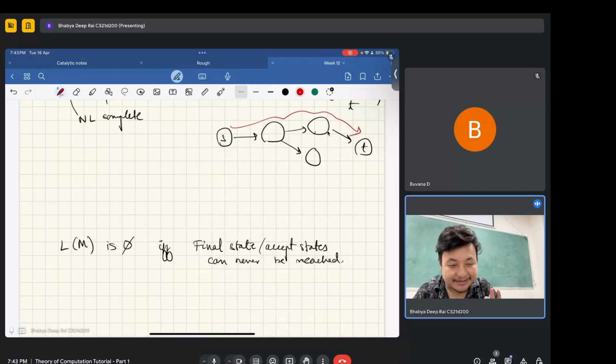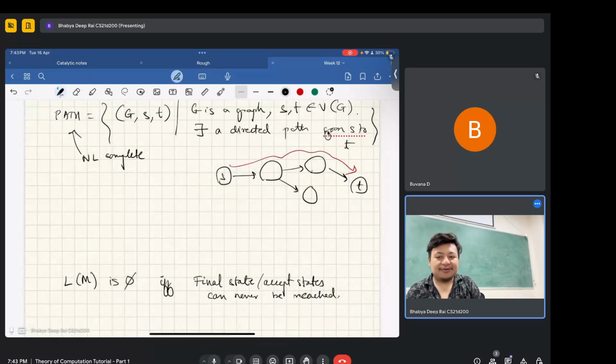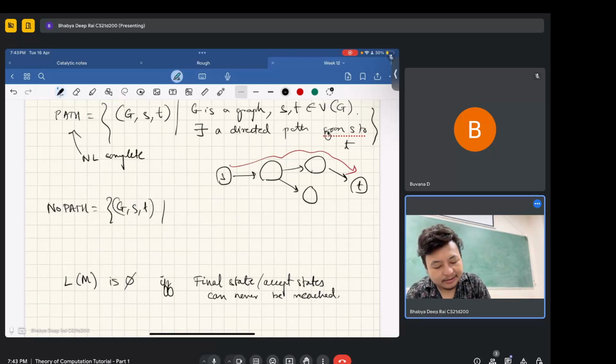I think you can already see the similarity between the DFA and this. Because we are talking about emptiness, if we were talking about non-emptiness, then directly the start state and final state T would translate. What we do is we will talk about no path: no path from S to T in G. Clearly no path is the complement of path.